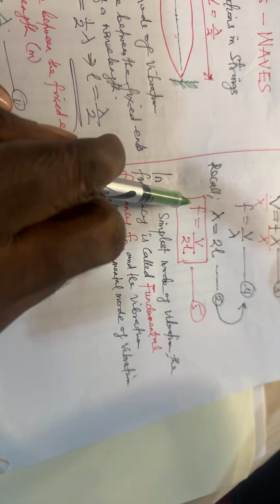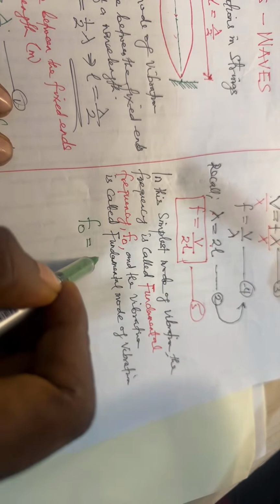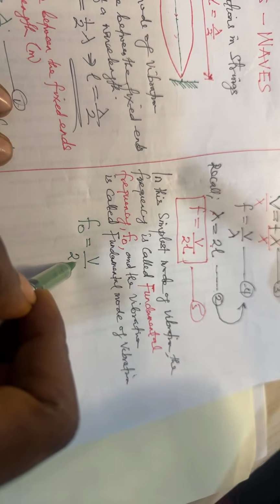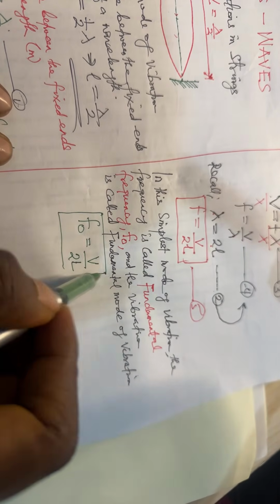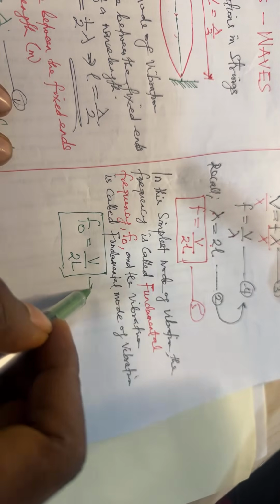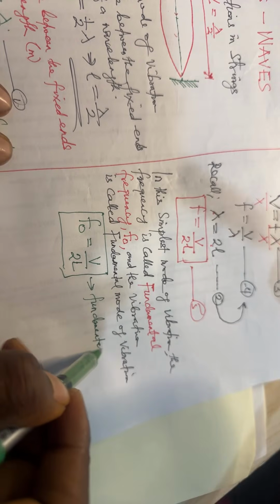F naught equals V over 2L. Remember this formula? I told you the name of this formula is the fundamental frequency. I'll keep repeating it until it clicks.